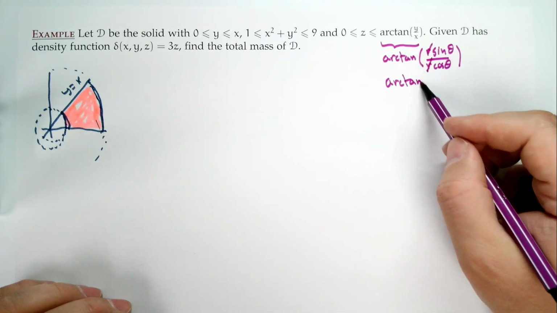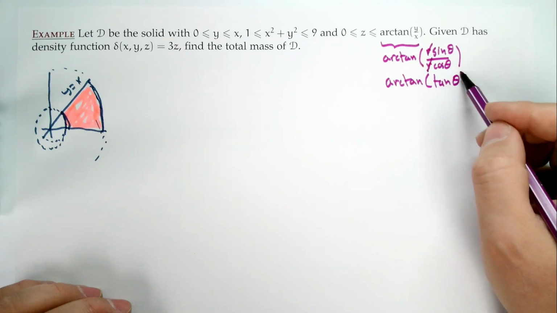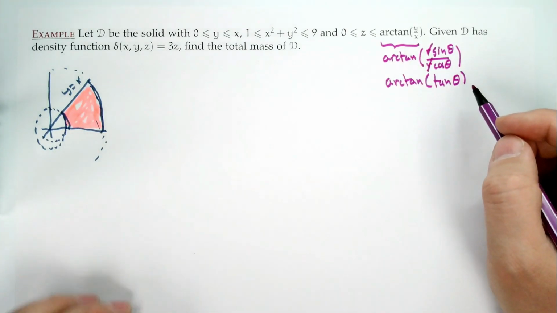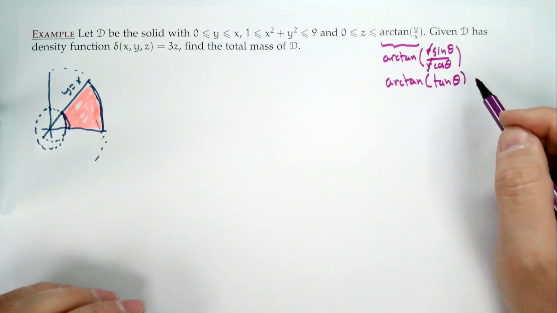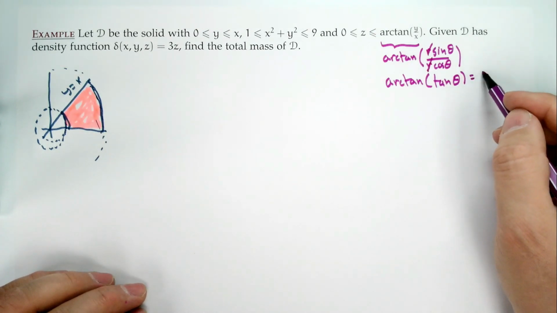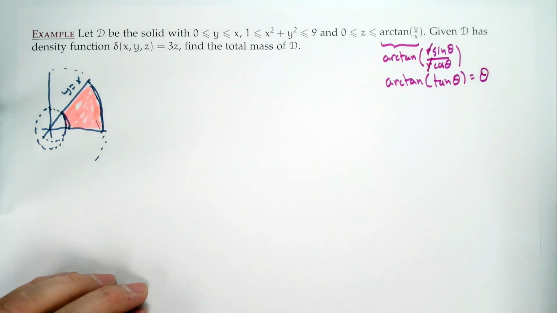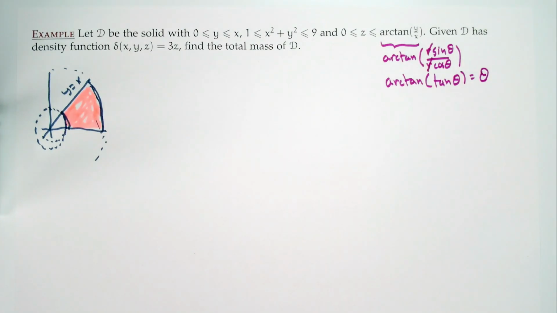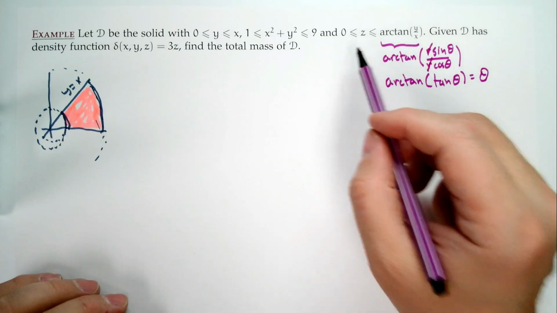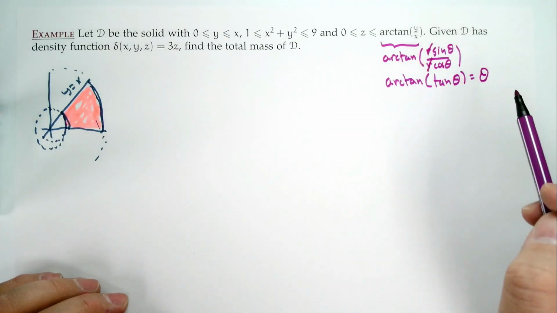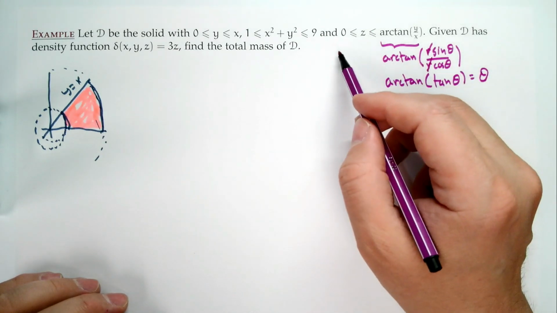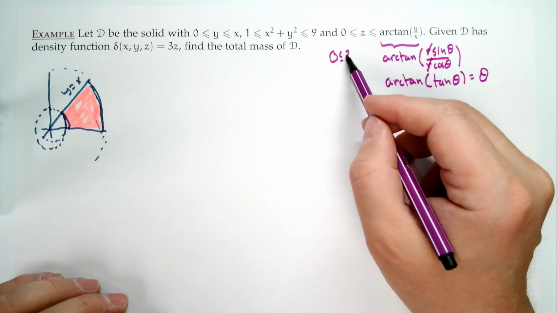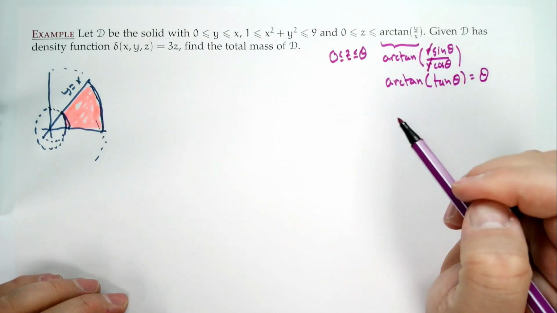So this is arctangent of tangent. Well, that's the nice thing about arctangent and tangent. They undo each other. So this becomes theta. Nice. So what we're really saying is that 0 is less than or equal to z is less than or equal to theta. So that's a nice expression in cylindrical coordinates.